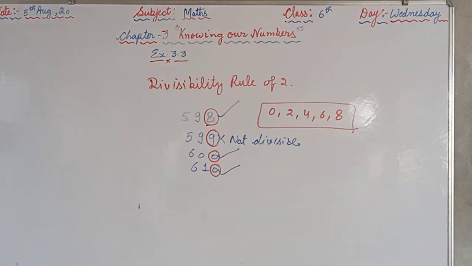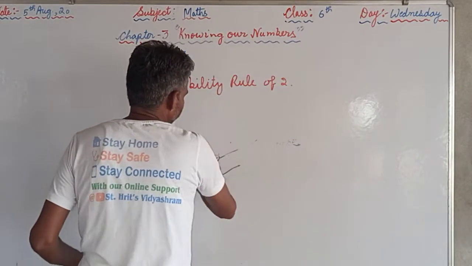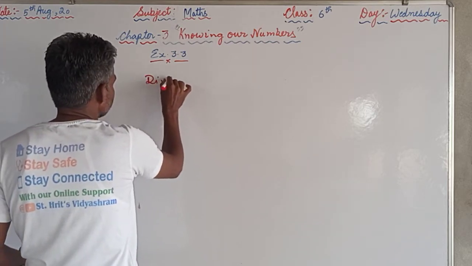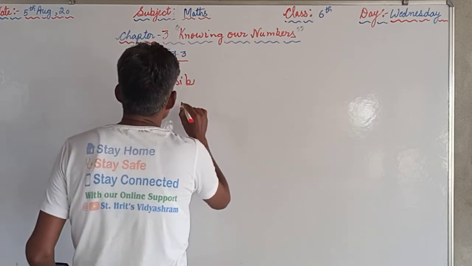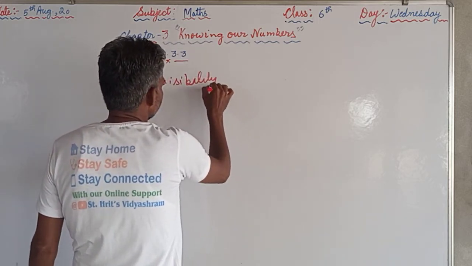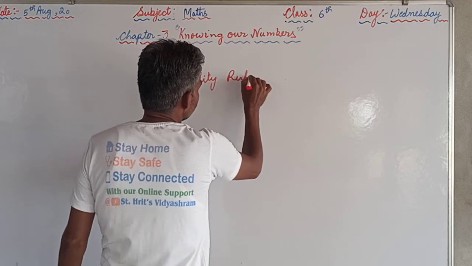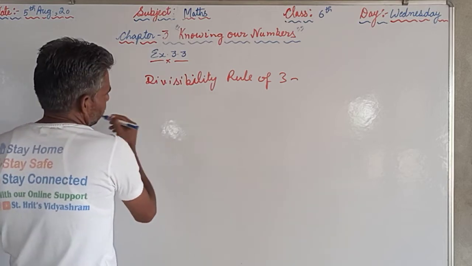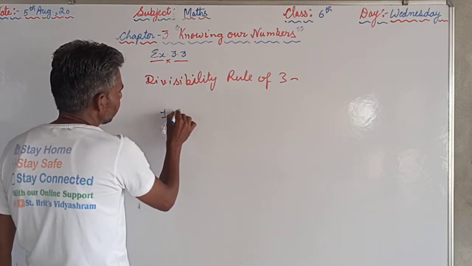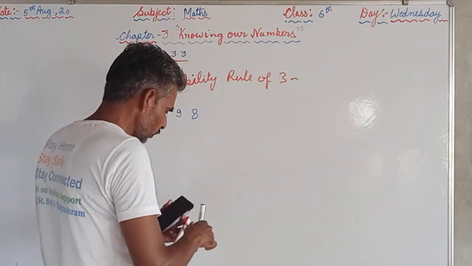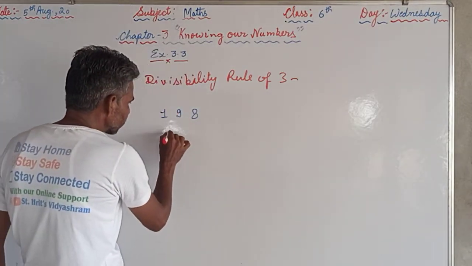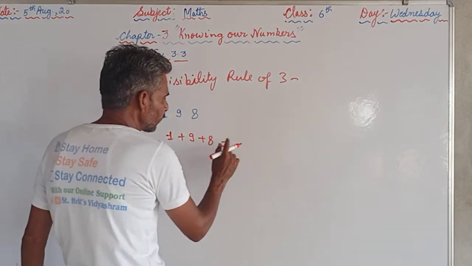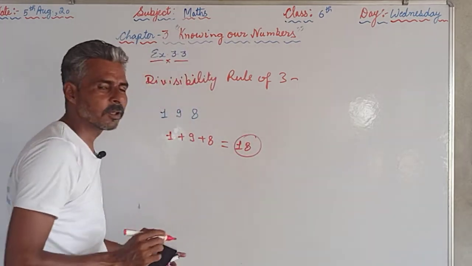Now for 3, the divisibility rule of 3. If any number is there, suppose 198, what we have to do is add the digits. 1 plus 9 plus 8. 9 plus 1 is 10, 10 plus 8 is 18. 18 comes in the table of 3.